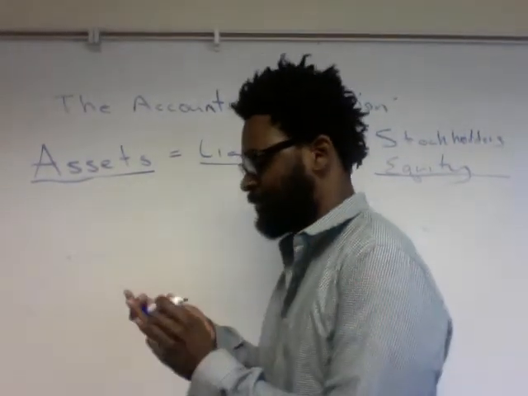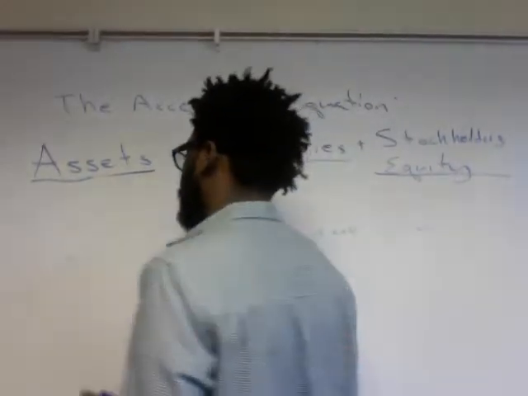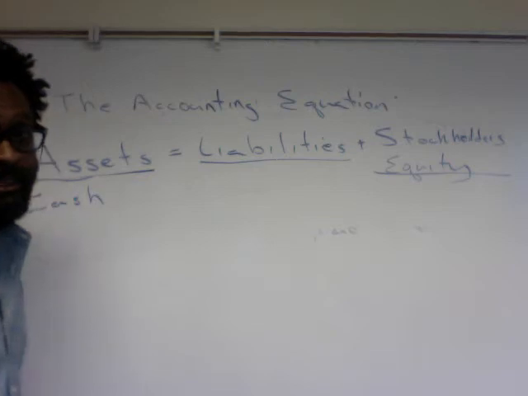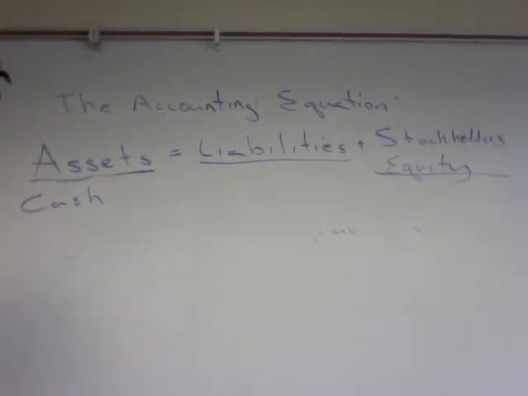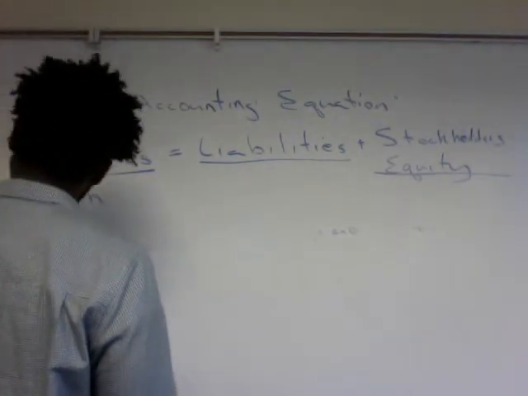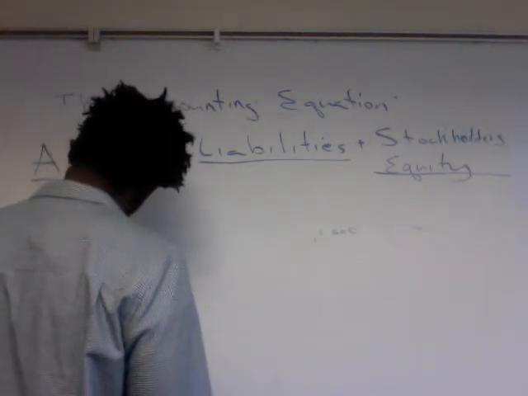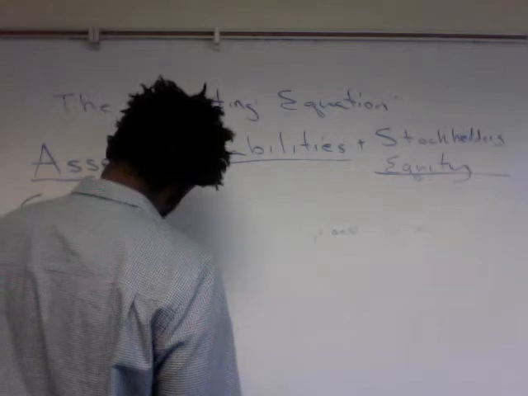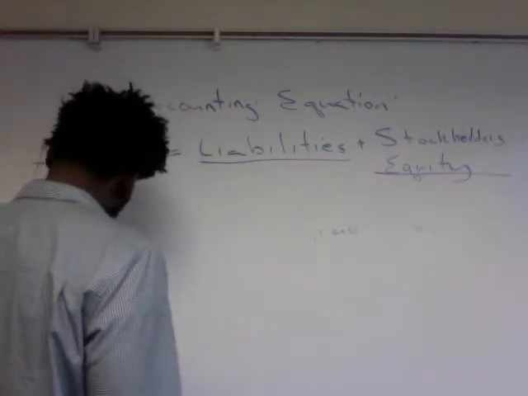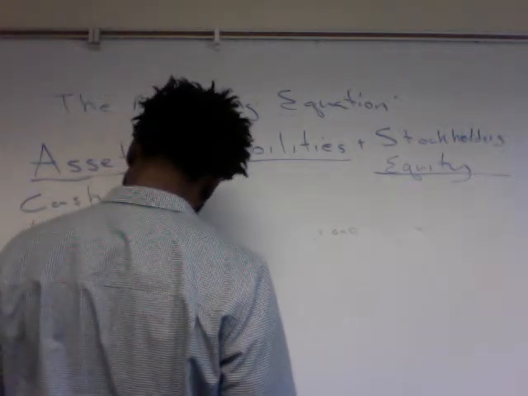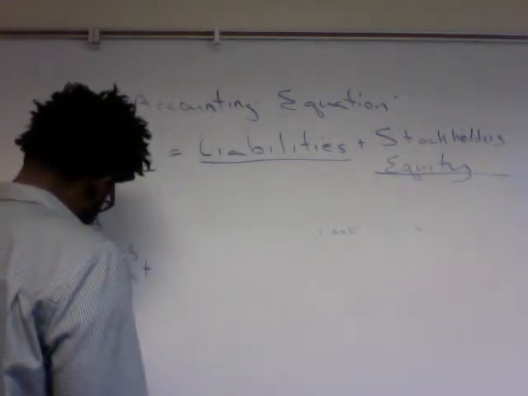So what may be considered assets? Economic resources that are going to give us a future benefit. Cash will be an example of an asset. Land may be an example. Building. Equipment. Accounts receivable.